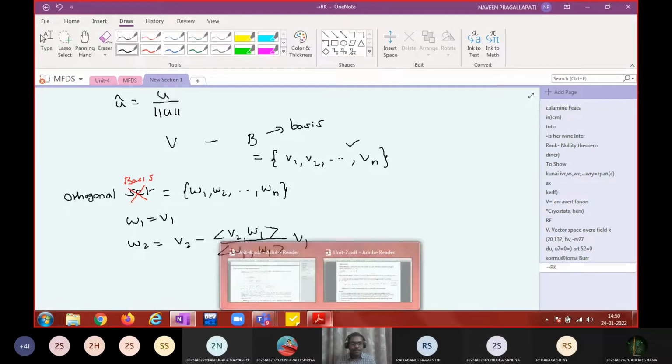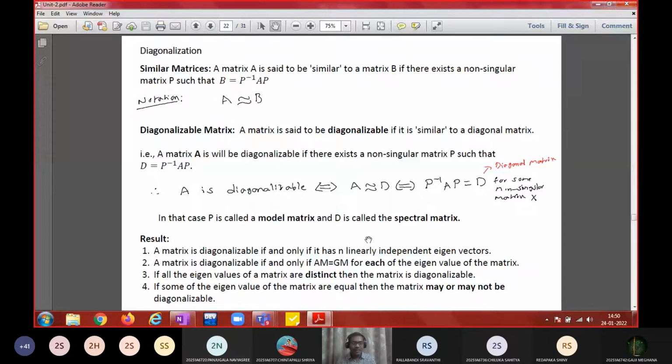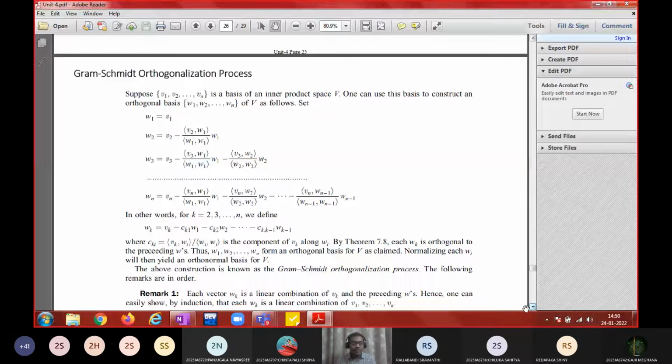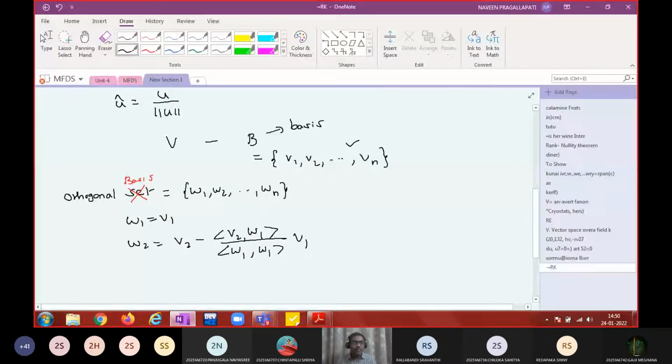Am I right? Let us cross check once. So w2 equals v2 minus the inner product of v2 with w1 by w1 into w1. So this is w1.